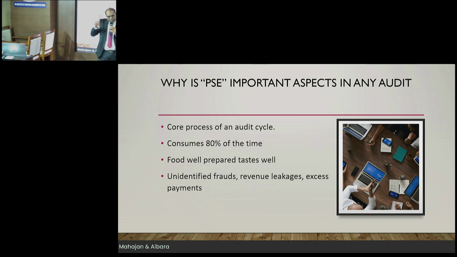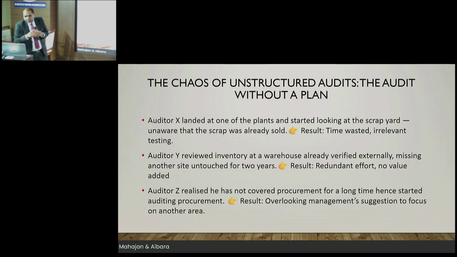Similarly, was the sampling methodology accurate in detecting that fraud? And finally, during the audit, whether that was covered or not. Please feel free to ask any questions in case you have.